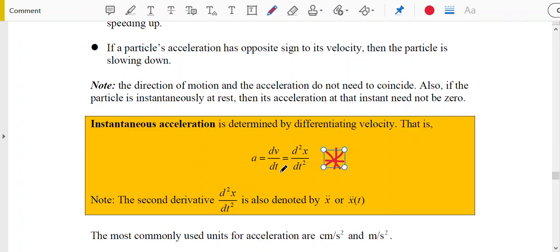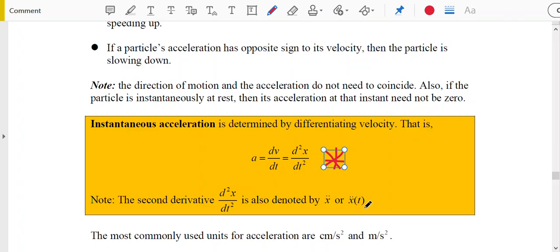But recognizing that velocity was the first derivative of position, acceleration would then be the second derivative of position. So we have two expressions for acceleration. Acceleration could be dv dt or the second derivative of position. The symbol we use is d squared x divided by dt squared.